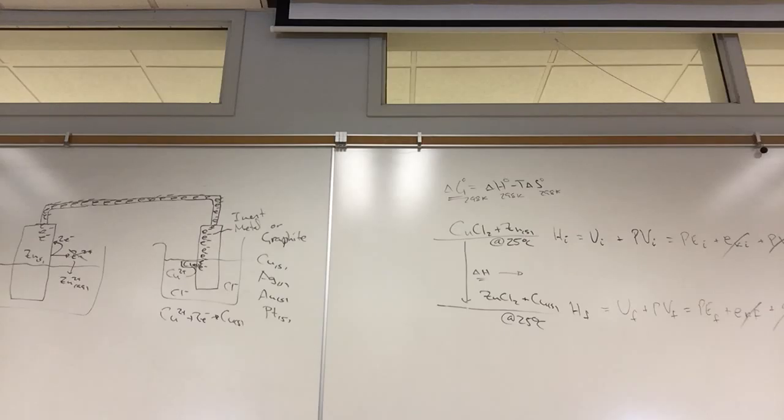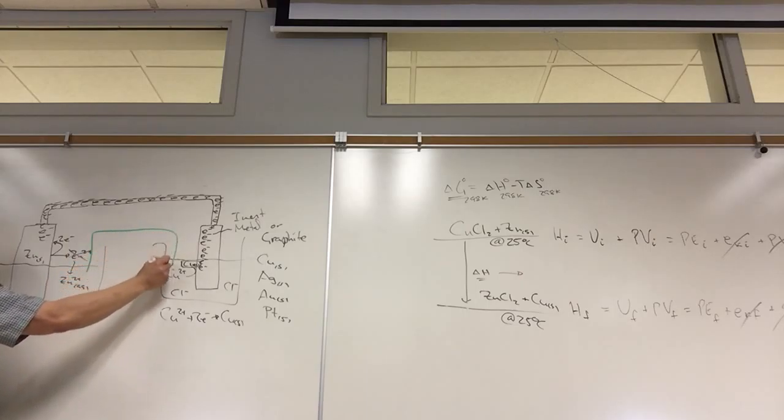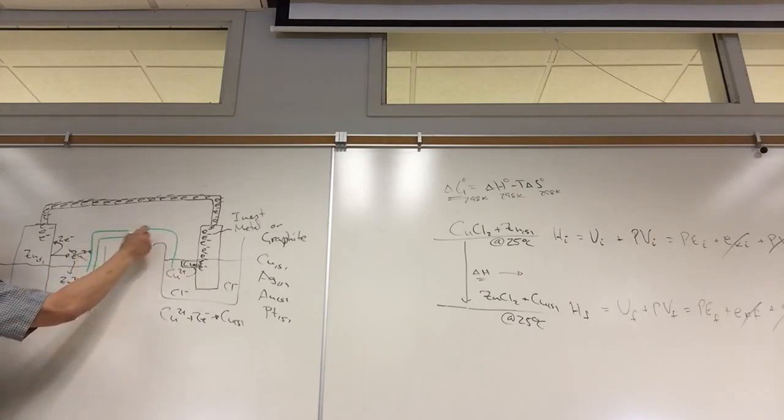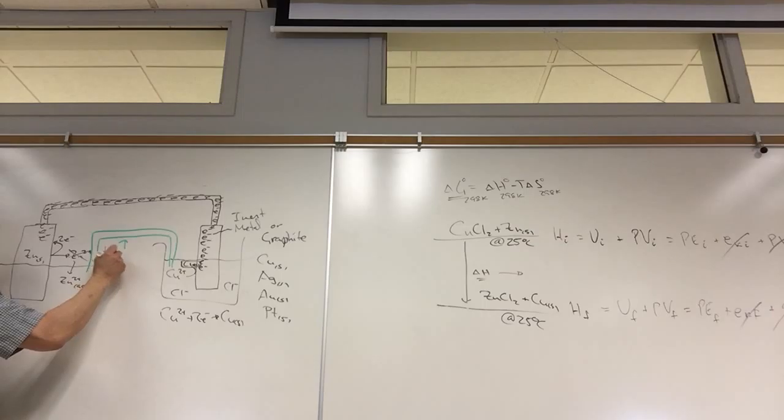And so the one way that we have of neutralizing that space charge, well, there are multiple ways. But a common way of neutralizing that space charge is to put what's called a salt bridge between these two. Salt bridge.